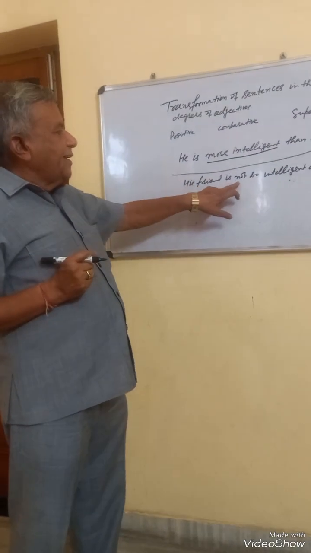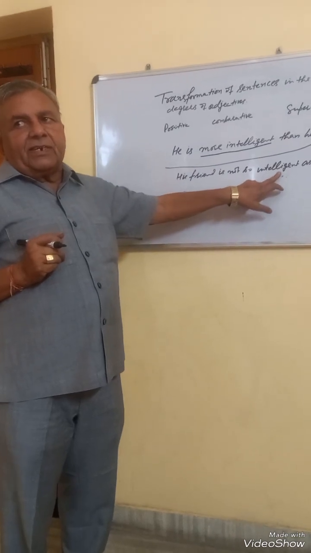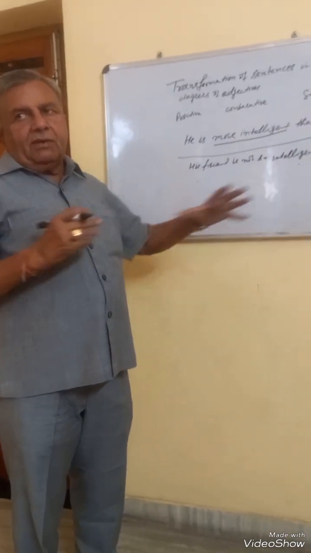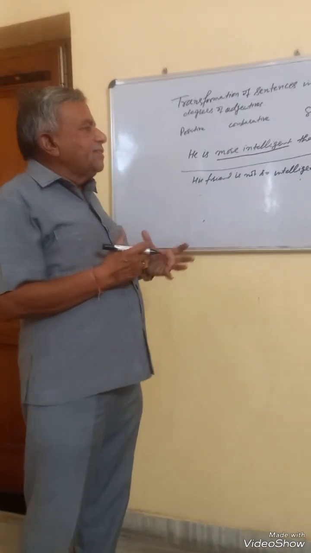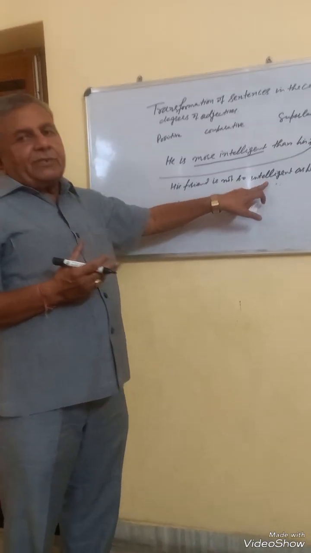But in this sentence we have used positive degree to make comparison between he and his friend. So in this way, by changing or transforming the sentence, we can use even the positive degree to make comparison.